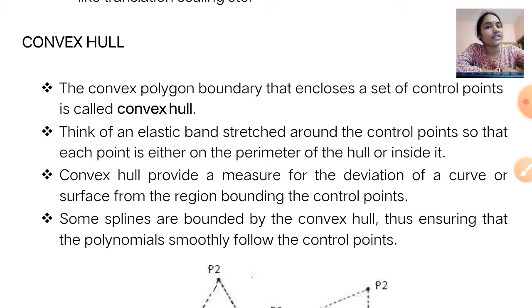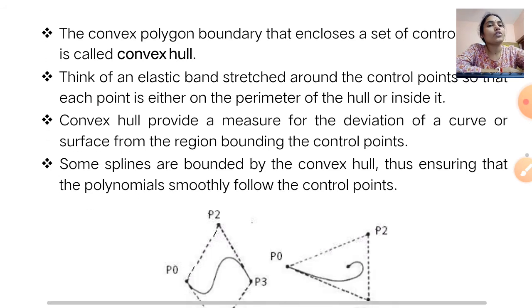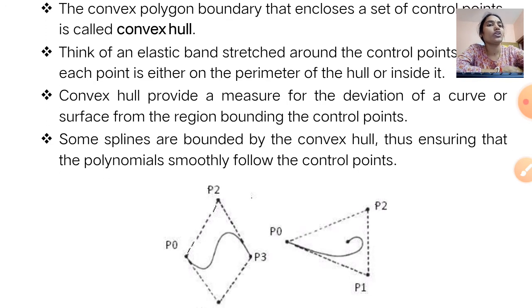That means the elastic band is stretched out, and when we relax it, it returns to the original position. The convex hull provides a measure of the deviation of a curve or a surface from the region bounding the control points. Some splines are bounded by the convex hull, ensuring that the polynomials smoothly follow the control points.